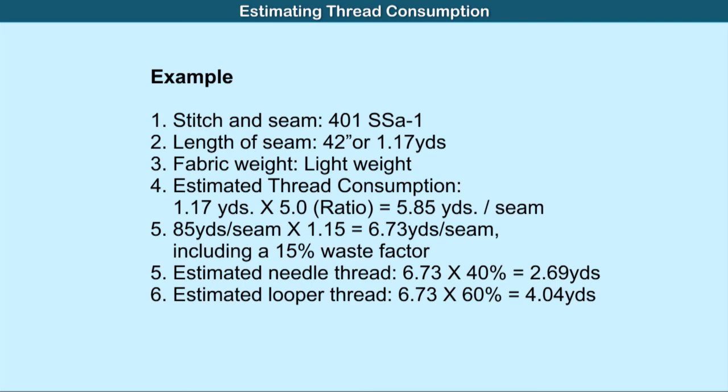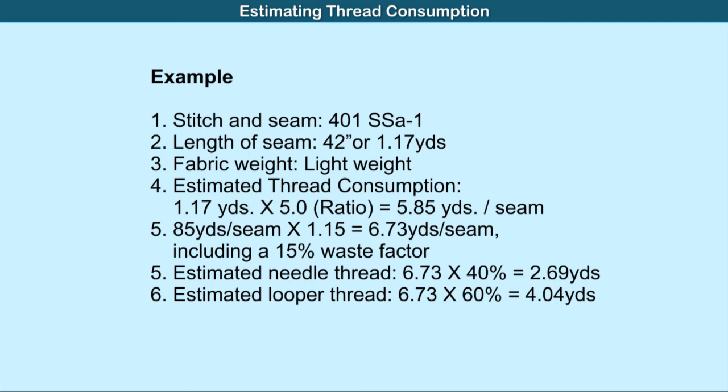Next is the chart with the stitch type, estimated total consumption ratio, and needle thread and bottom thread percentages. In this table, start with the lock stitch, the 301 stitch, which is in the 300 class.